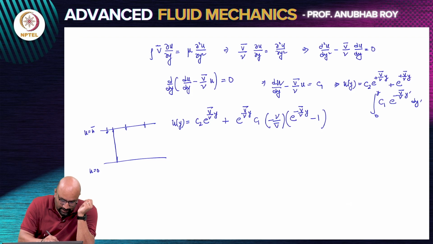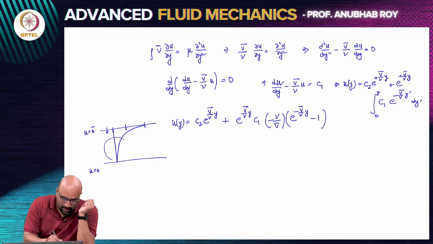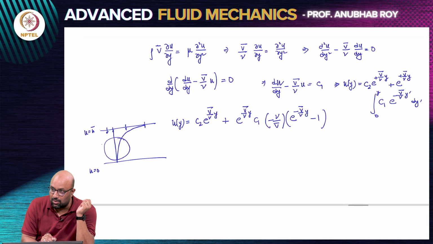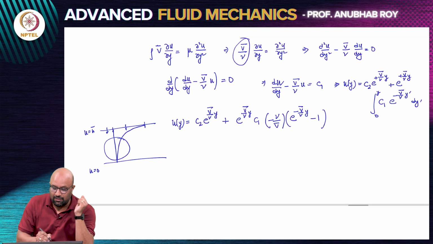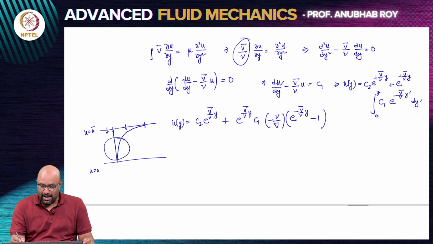So, what you will have here is a velocity profile that would roughly be very close to being 0 away from the top plate and then approach the top plate velocity in the top region. So, think of what is going on here. There is this term v bar by nu, which is giving you a sense of length scale.